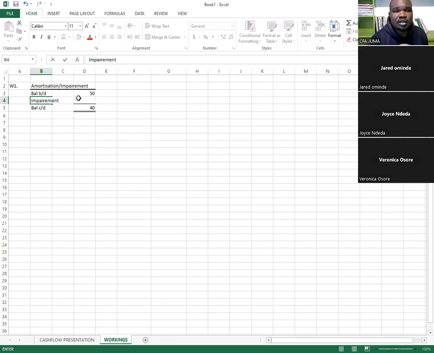So the difference. Mwalimu. Yes, someone? But you see the 2021. Yes, please. Intangible assets were 40 million and 2022 it was 50. No. So was that impairment really? No. Can somebody correct Jared on that?